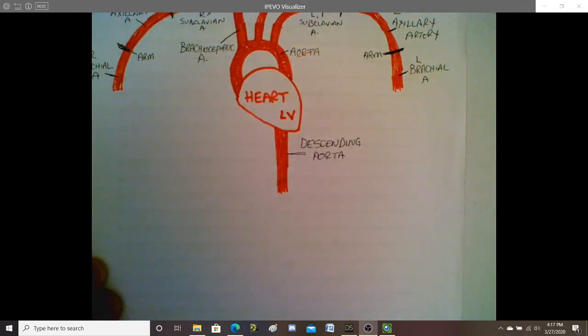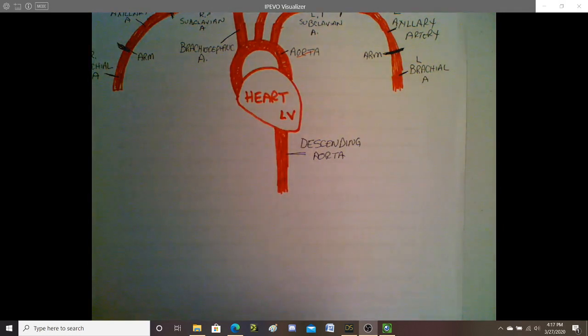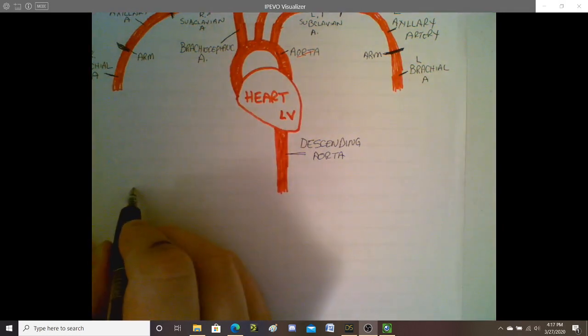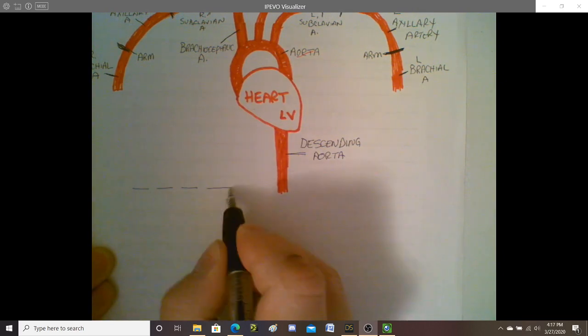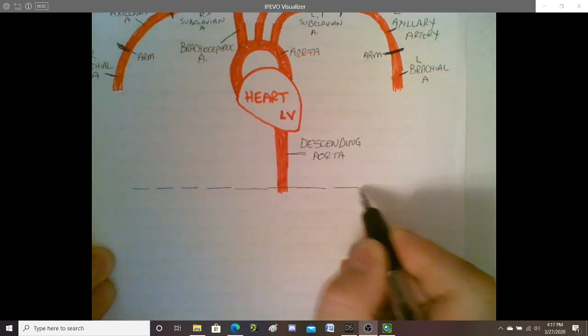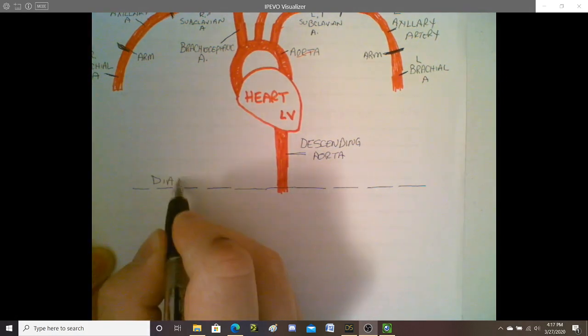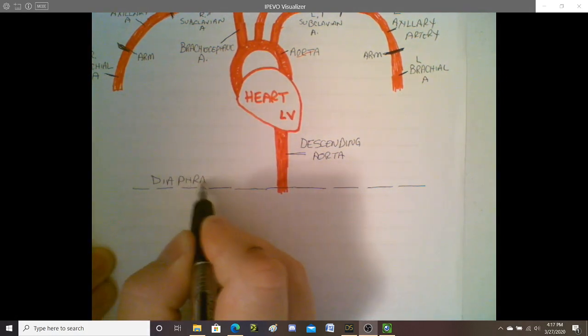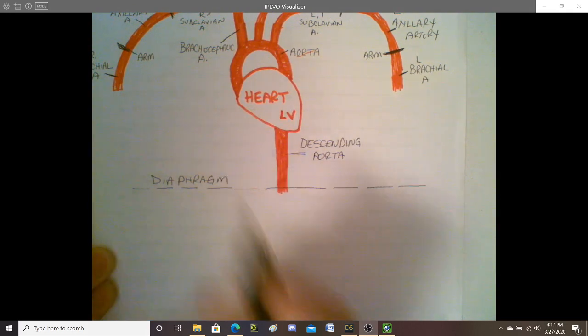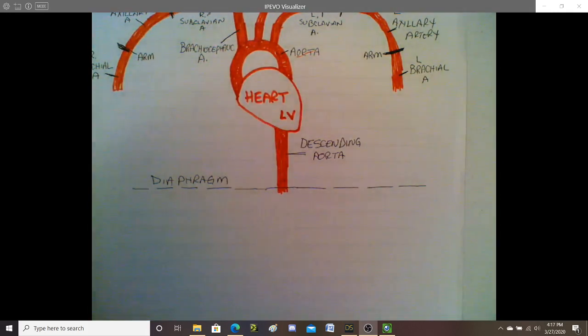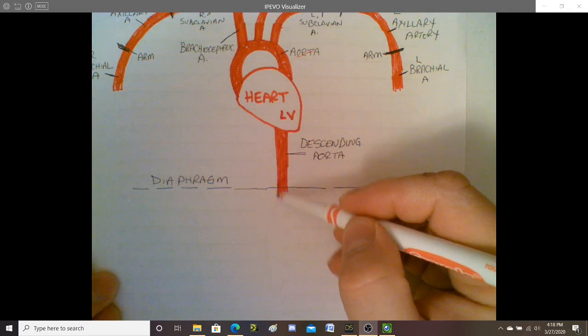And then the descending aorta is going to pass through your diaphragm. So I'm going to separate this off. We're going to label this the diaphragm. And this aorta is going to continue down into your abdomen.